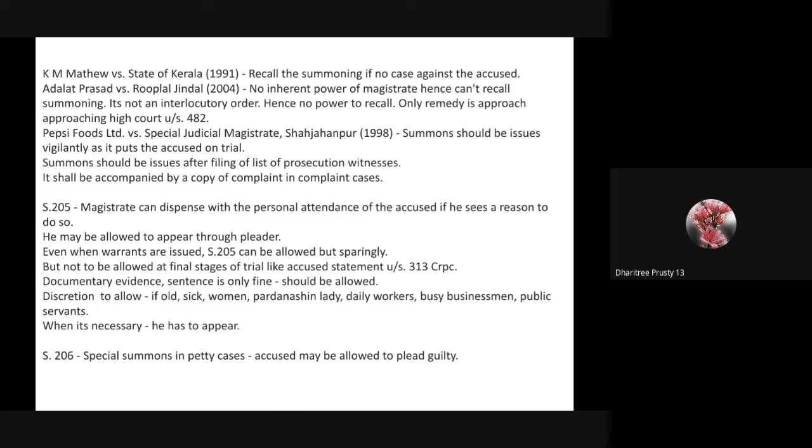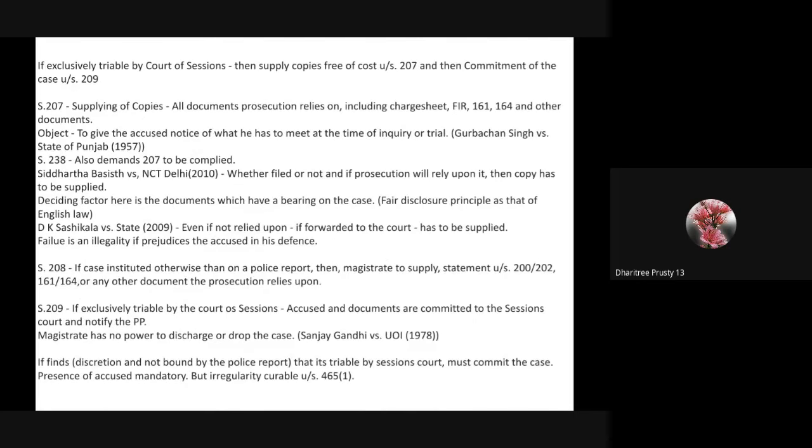Section 206 is nothing but a special summons in petty cases. The accused may be allowed to plead his guilt either through post or through a pleader. We will not discuss that anyway. Now, once process is issued, and if 205 has to be allowed, that has been allowed. Now, if the case in hand is exclusively triable by the court of sessions, then what will happen?